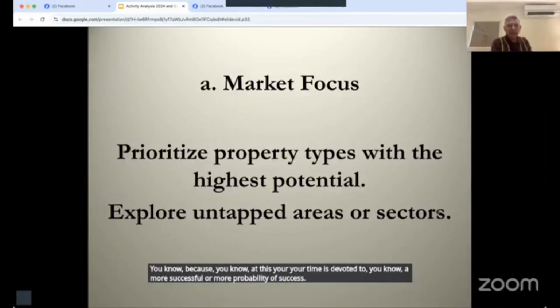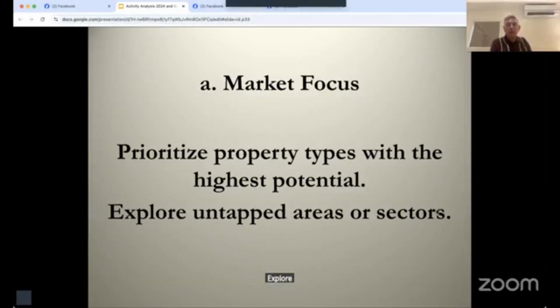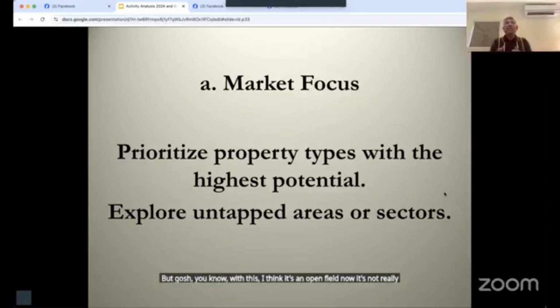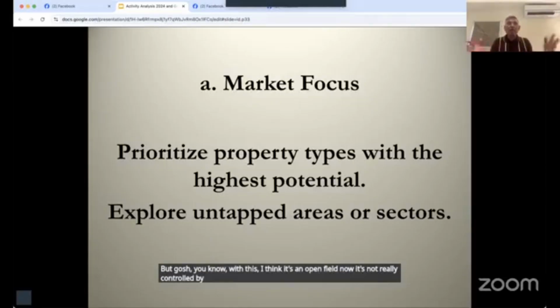Okay, explore untapped areas or sectors. For myself, I haven't been doing offices, but gosh, I think it's an open field now. It still is controlled by a few multinational companies, but I think the market is looking at several brokers now.